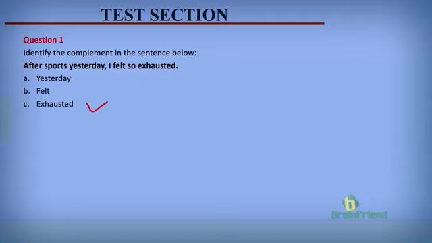We did say that complements are words that describe nouns or pronouns in a sentence. That is the subject or object of a sentence. And the word exhausted describes how I felt, describes how the subject felt. So exhausted is the correct answer.